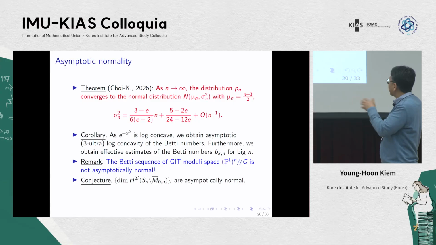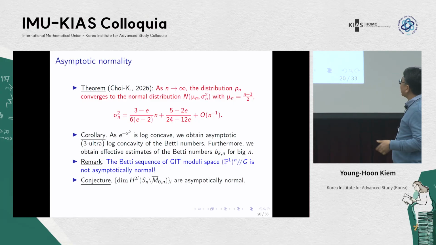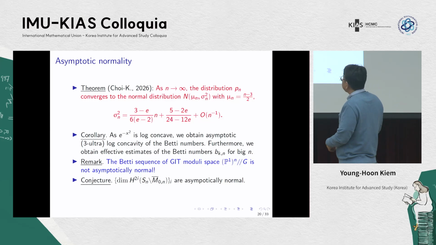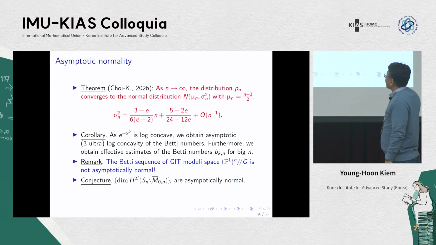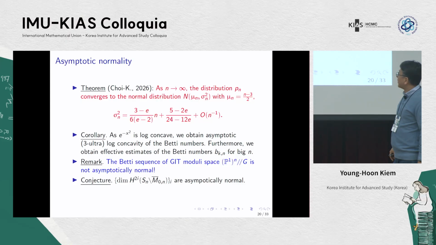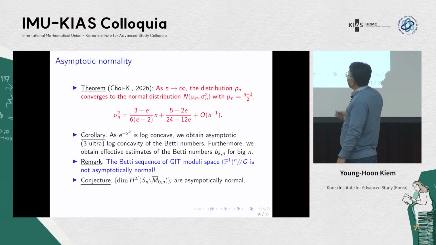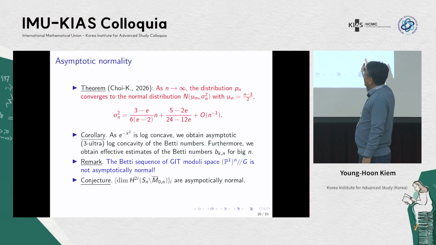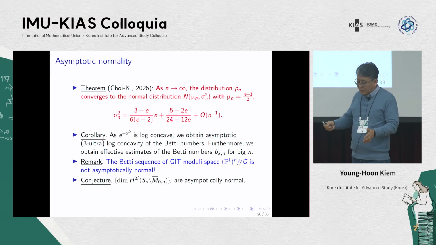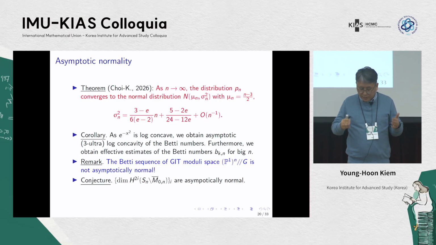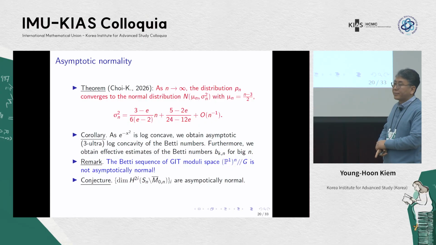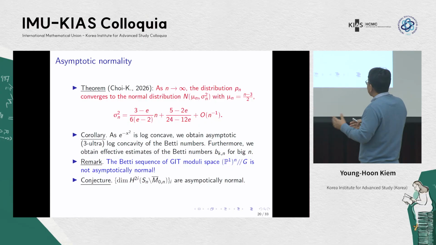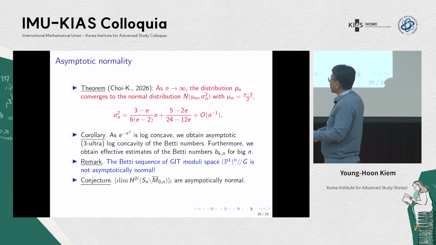So probability theory helps us to understand the asymptotic behavior of the Betti numbers of M0,n bar. As an immediate consequence of this theorem, we obtain that the Betti number distribution is asymptotically log-concave. We can prove an even stronger result.